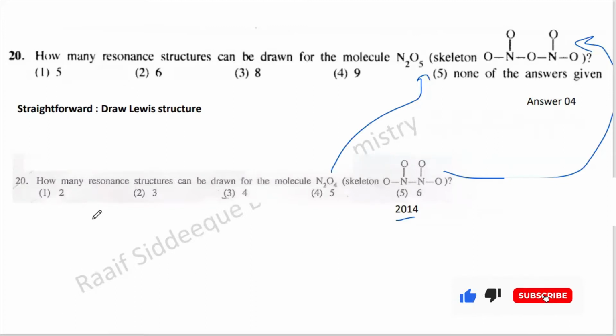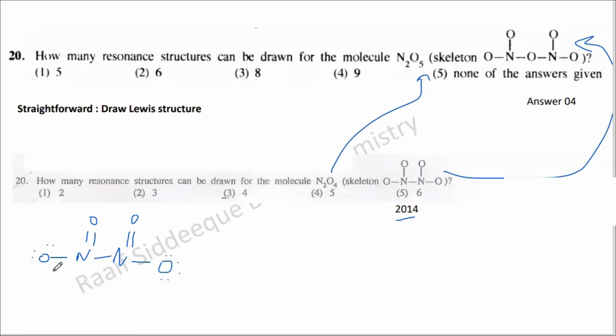For N2O4, if you can remember, I gave you all these resonance structures. After putting all these electrons and the charges, we were able to see that I can draw it like this.